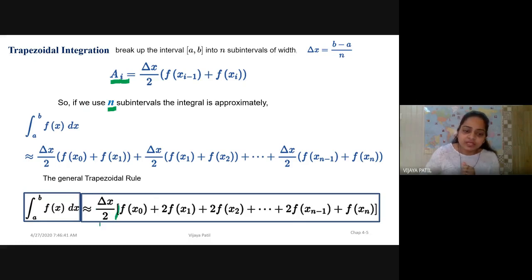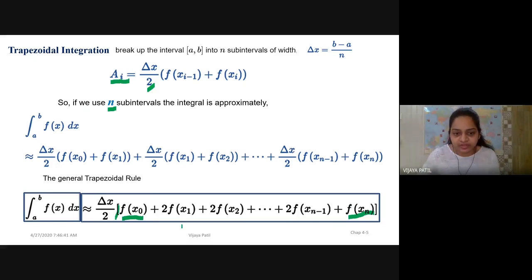Now, where has this half come from? This half has come from the triangle part and this combination, or you can say the algebra. And these are my extreme points, f of x0 and f of xn. So f of x0 and f of xn come only once, that means the last point comes only once.